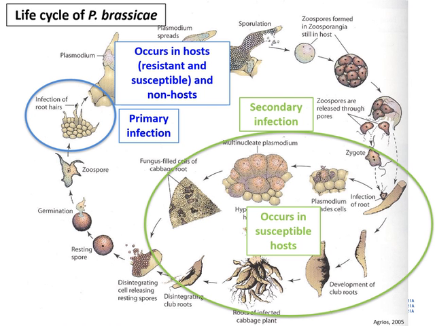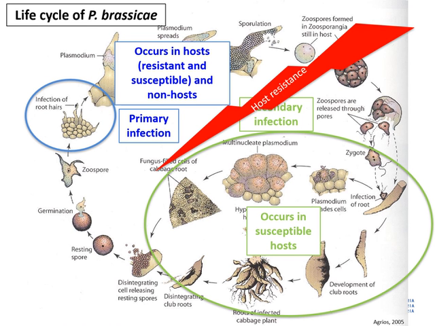This plasmodium becomes multinucleate and expands and then fills the cells of the roots, turning them eventually into clubs. So the difference between what happens in a susceptible host and in a resistant host or a non-host comes down to whether there's host resistance or not.